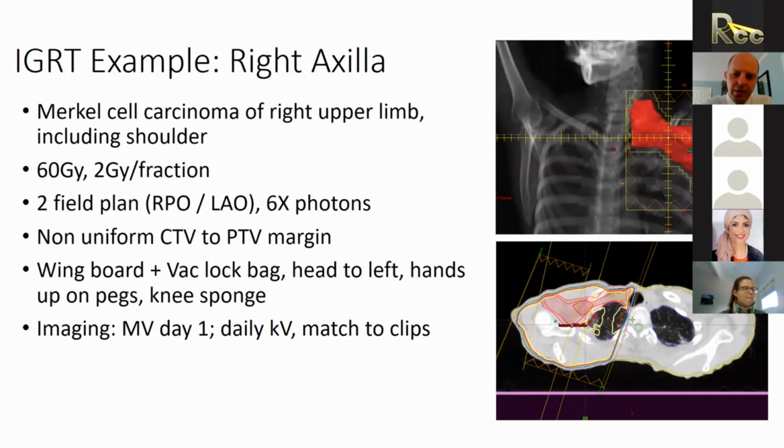I think probably where the confusion is here is that the first day includes port images. So when I say MV, it's not just an MV image, but really a port image to see what my treatment field looks like. And then probably even day 1 would include the KV. So KV plus the ports on day 1, and then daily KV the following days.